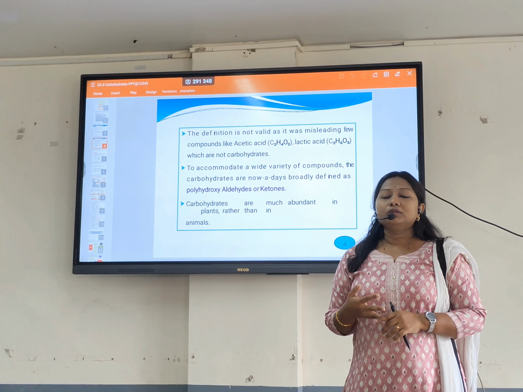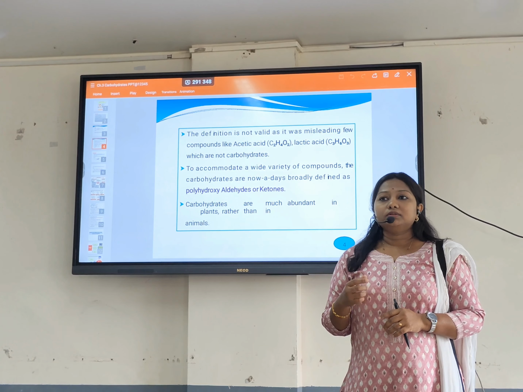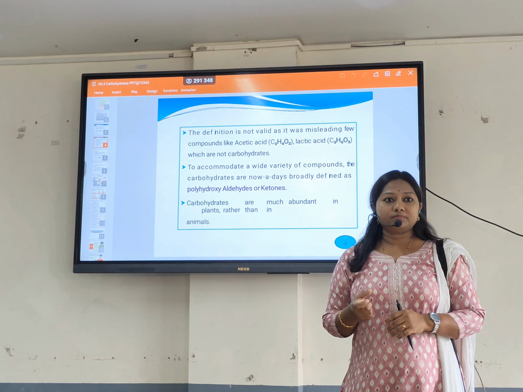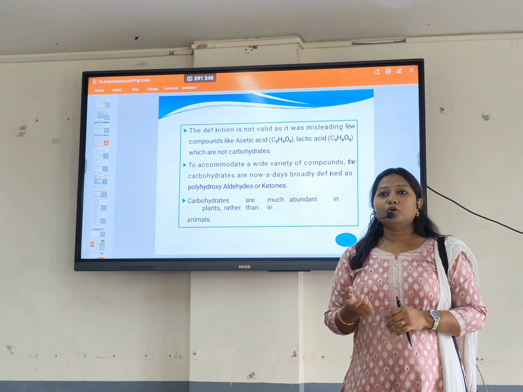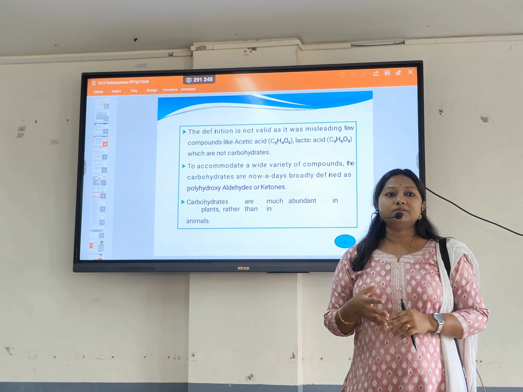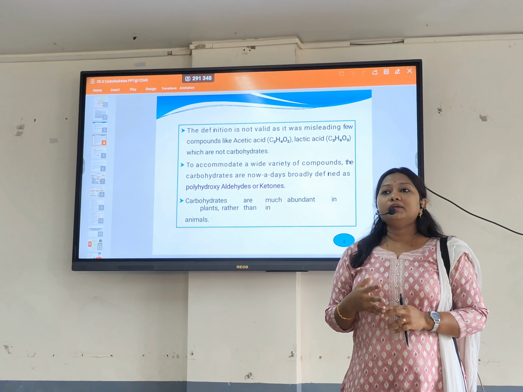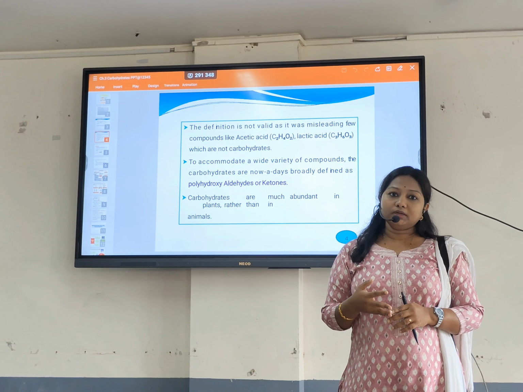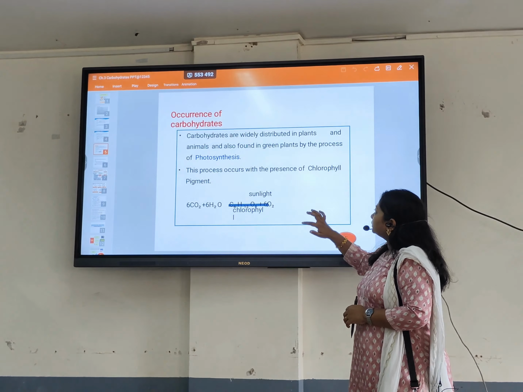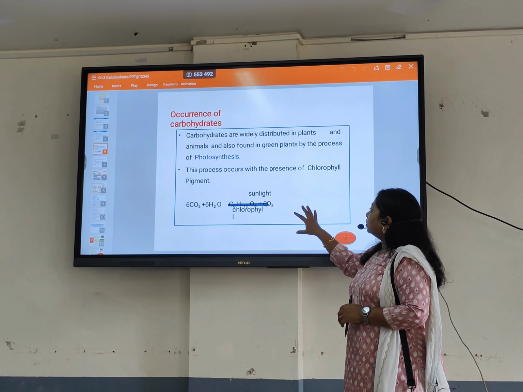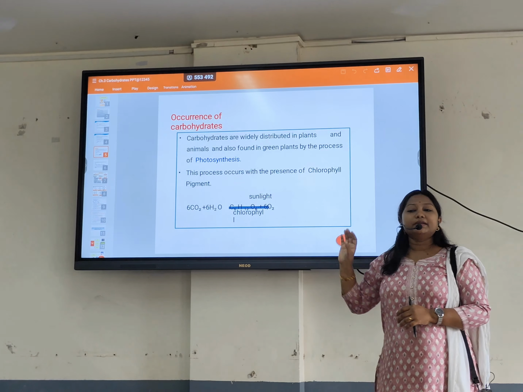As we know, carbohydrates are obtained basically from the plants, and plants produce carbohydrate by one mechanism we call photosynthesis. Compared to animals, abundant carbohydrates are present in the plant. So this is the one mechanism or cycle by which carbohydrate gets formed.